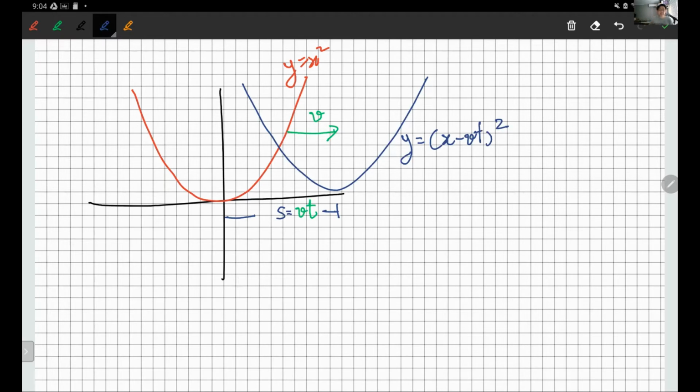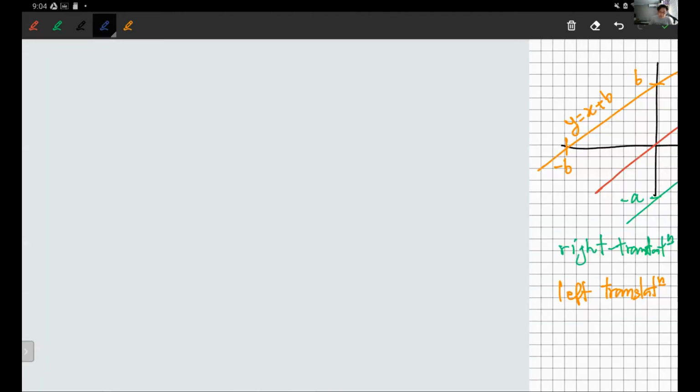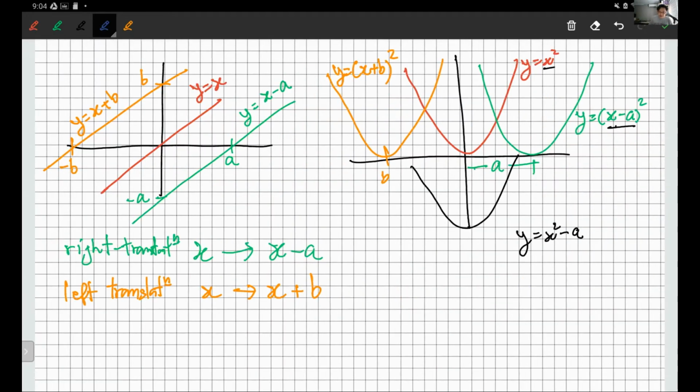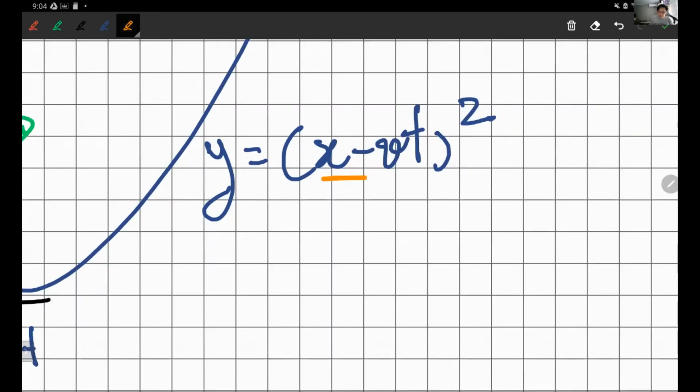And that's it, done. Done in the sense that from now on, whenever you see x minus vt here, you see an animation all the time. Voila.